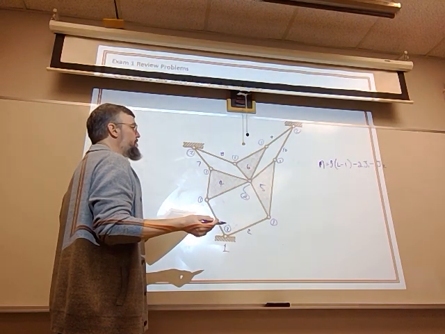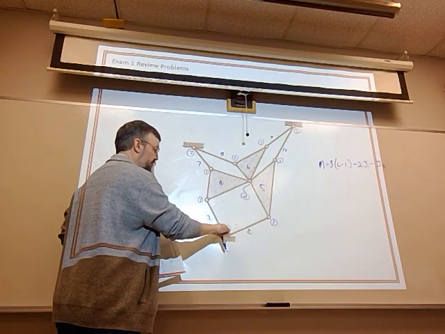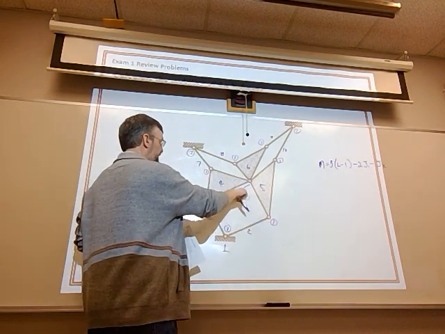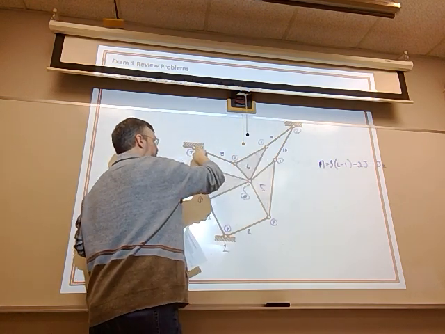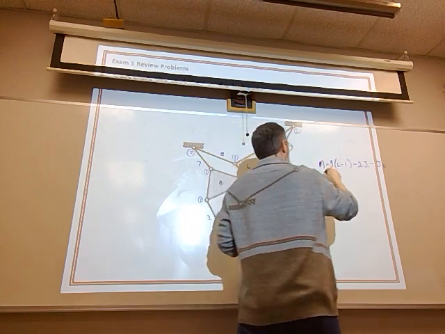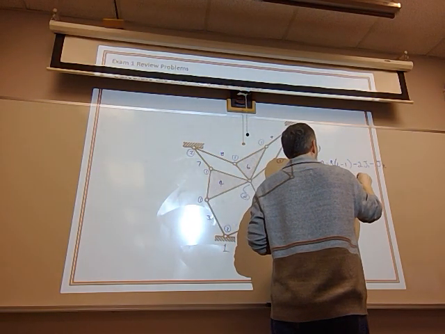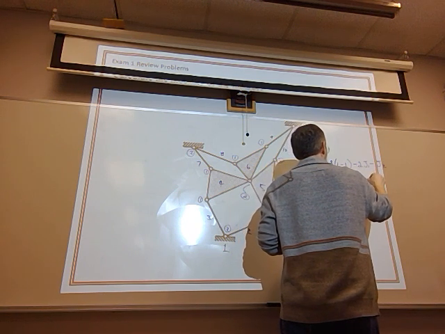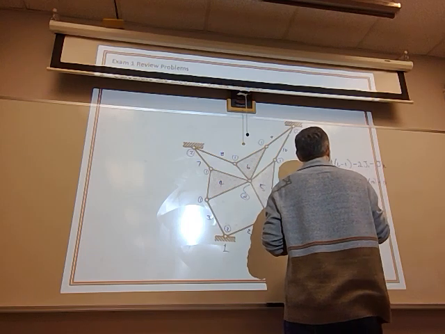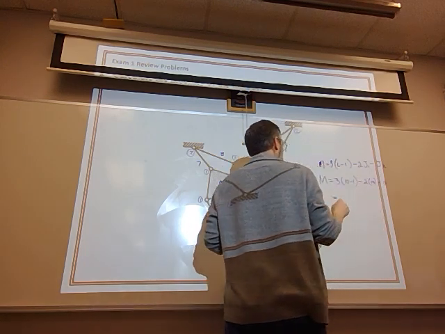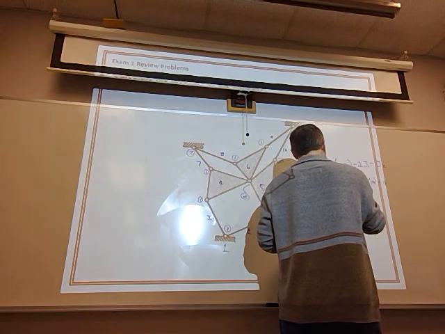Is that true? Yeah, so we say that this is going to be 1, 2, 3, 4, 5, 6, 7, 8, 9, 10, 11, 12, 13, 14. So you go, M is 3 times 10 minus 1 minus 2 times 14 minus 0. And then what we end up with is a negative 1.